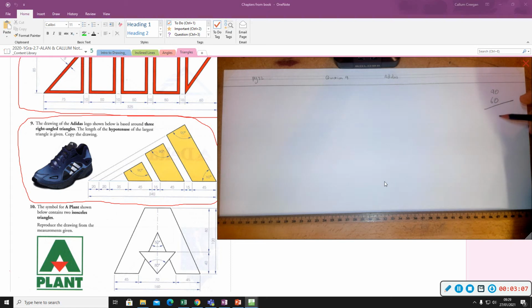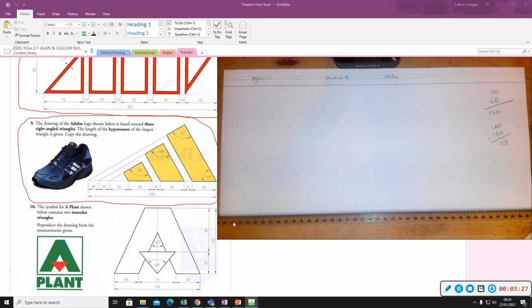Now I'm going to add the two of these together. We get 150. When we take 150 away from 180, we are left with 30.